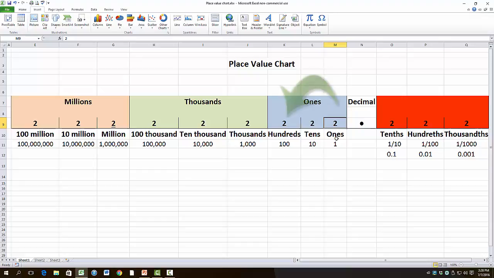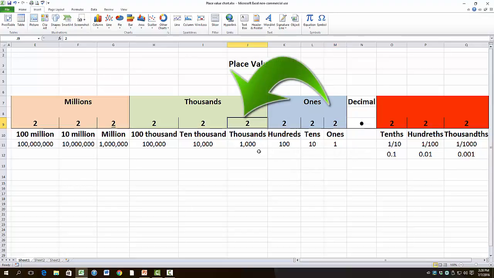If I wanted to go from the twos to the hundreds, you're right if you said you'd have to multiply by 100. Again, if I wanted to go from the 2 to the thousands place value, I would multiply 2 by 1,000, and that would equal 2,000. Or I could do 2 times 10 times 10 times 10.